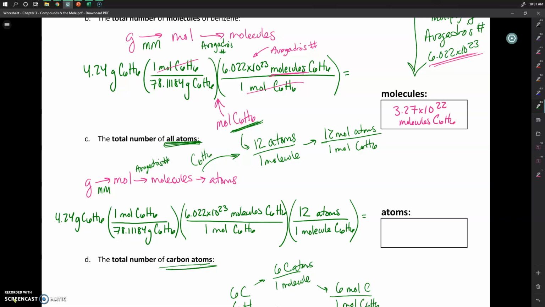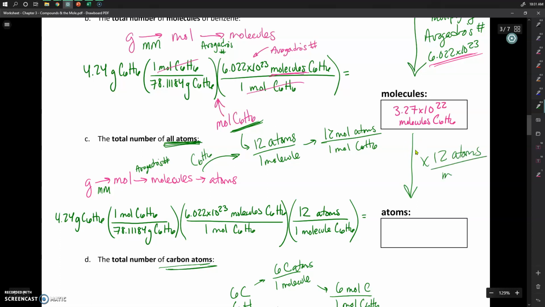So note here that doing this, I'm going to have 4.24 grams divided by the molar mass times Avogadro's number, and then I'm going to multiply by 12, because if I know the number of molecules, and there's 12 atoms per molecule, I'm really just multiplying the value I got from the last part by 12 atoms per molecule, right? Because I know that's what I have in C6H6.